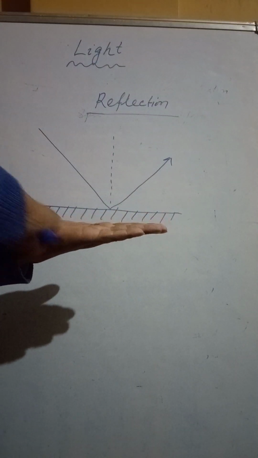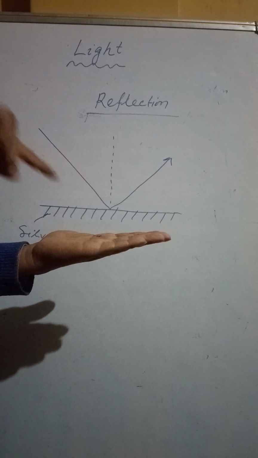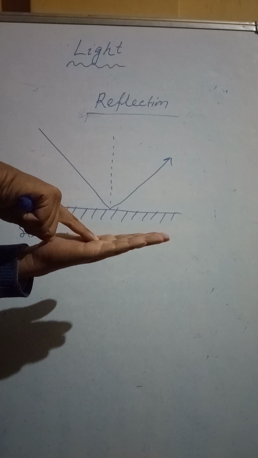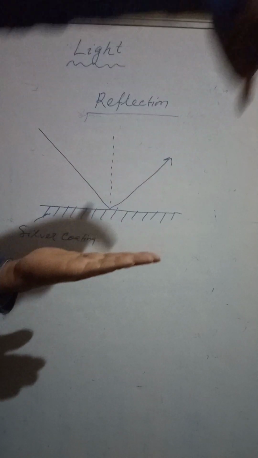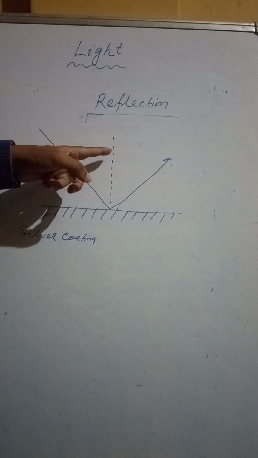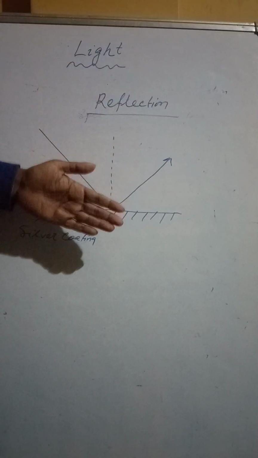Here the incident ray, normal and reflected ray are in the plane of this board.